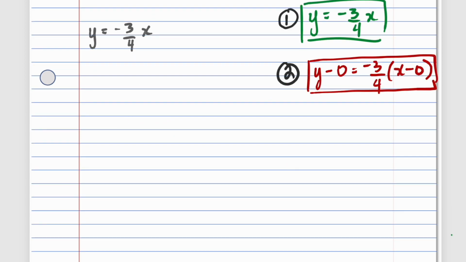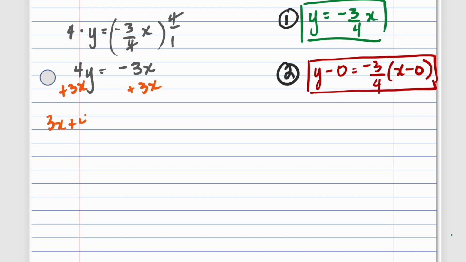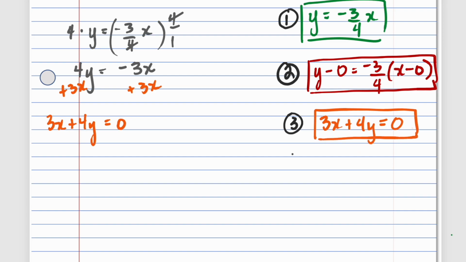The general form, we'll clear the fraction by multiplying by 4 both sides. 4y is equal to -3x, because that's like 4/1. And we'll add 3x both sides. 3x plus 4y is equal to 0. That would be the general form. And it would also be the standard form.